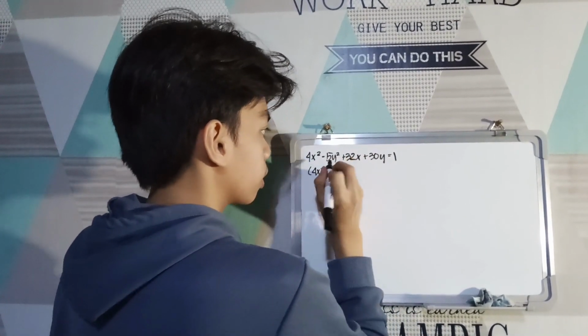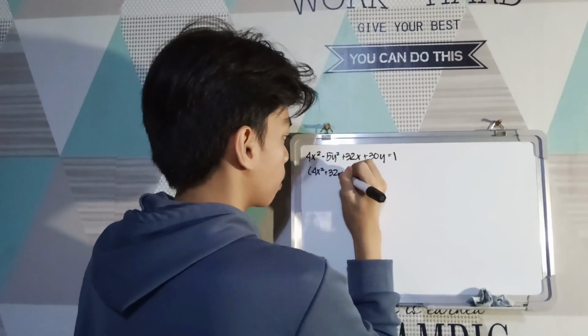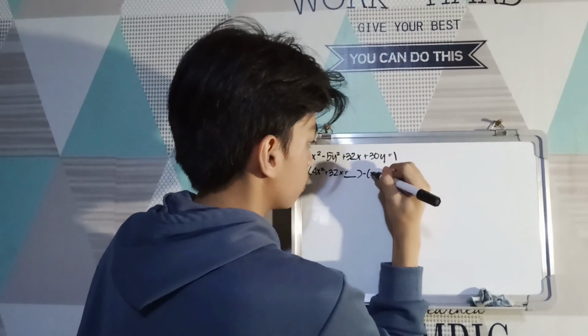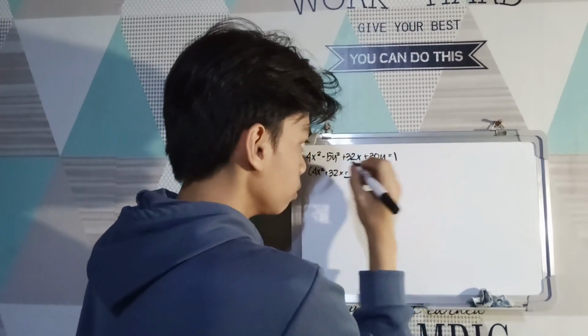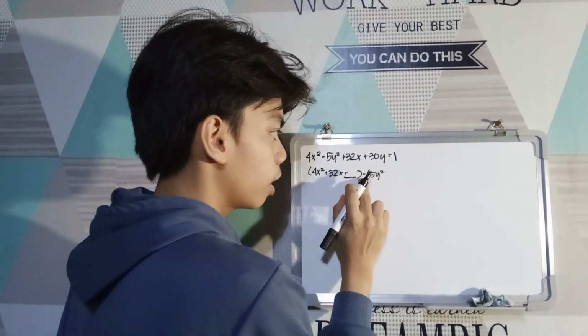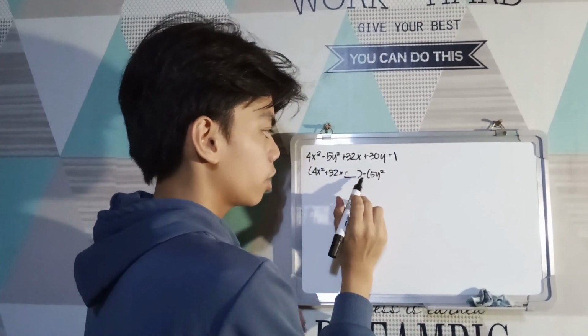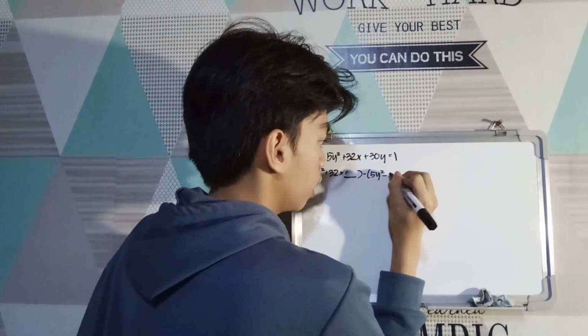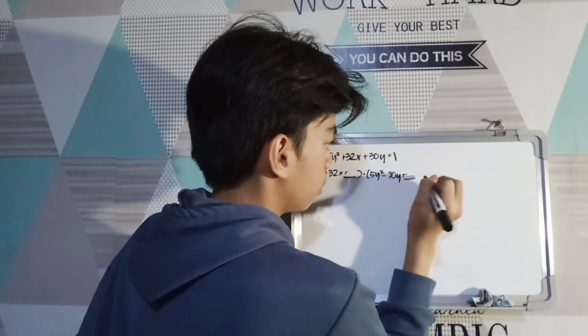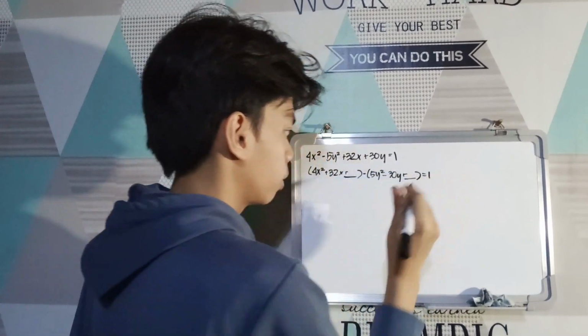4x squared plus 32x plus blank, minus 5y squared. Positive 30y will become negative 30y since it is subtraction in our hyperbola equation. So, minus 30y plus blank, then equals 1.